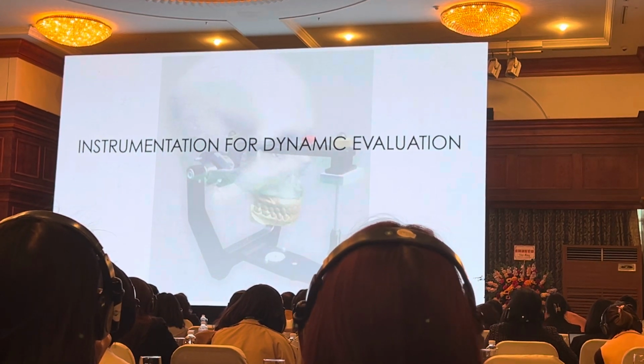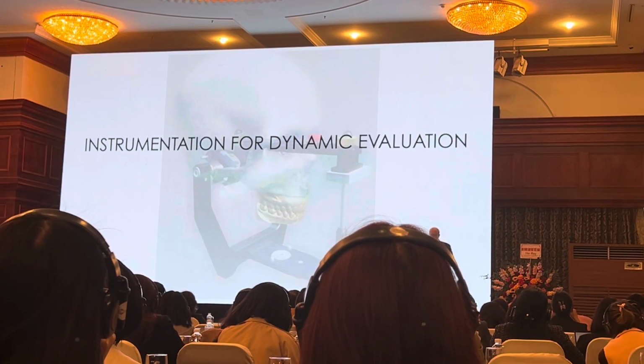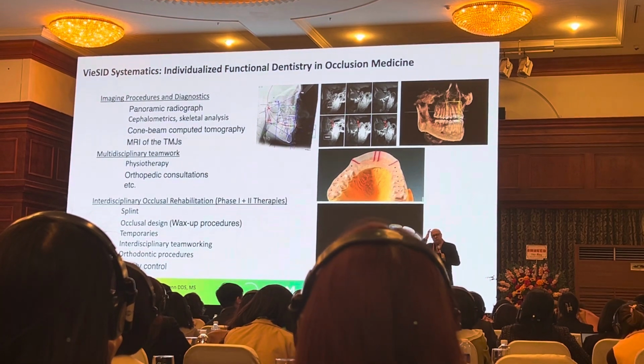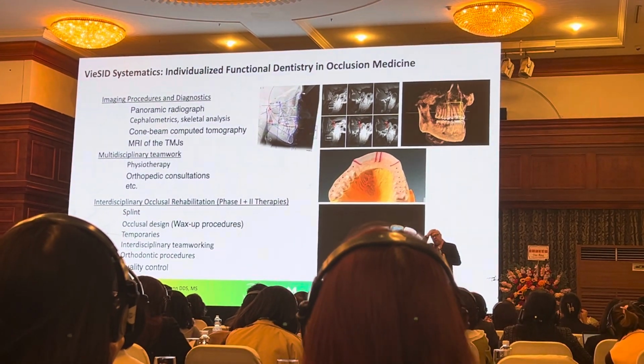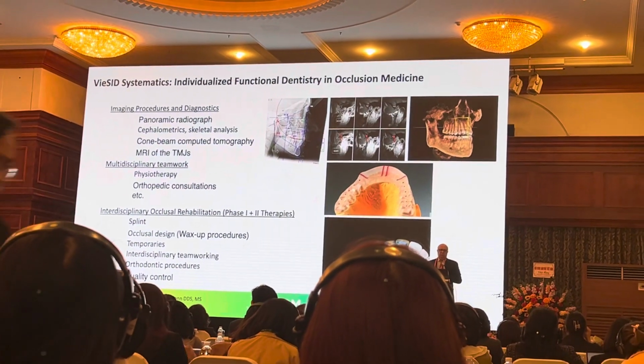It facilitates a lot and gives you some dynamic in your office also. So this way you can have many things to do. From the image, as I mentioned before, MRI is very important to check the joints, but CBCT is useful.